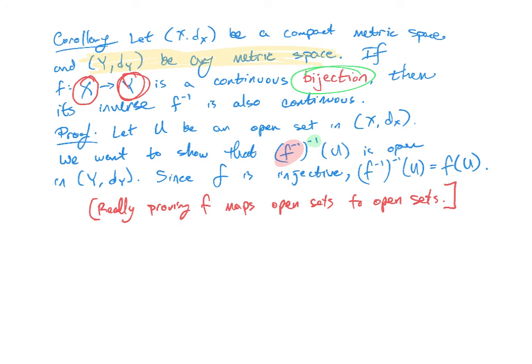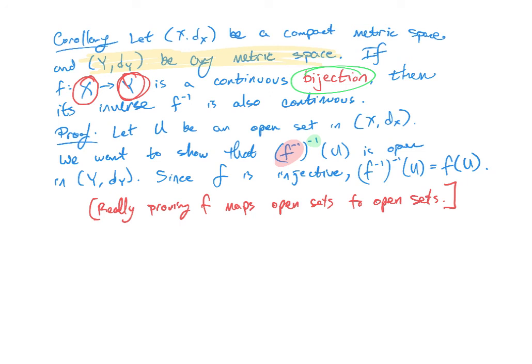There's a term for these functions. They're called open maps. We don't study them in this course. You can be an open map without being continuous, and you can be continuous without being an open map. But when your domain is compact and you're injective and surjective, then what we're proving here is that if you're continuous, you are an open map. But you don't need any of that for the proof.